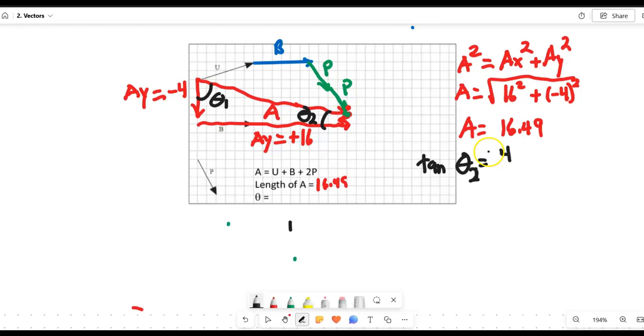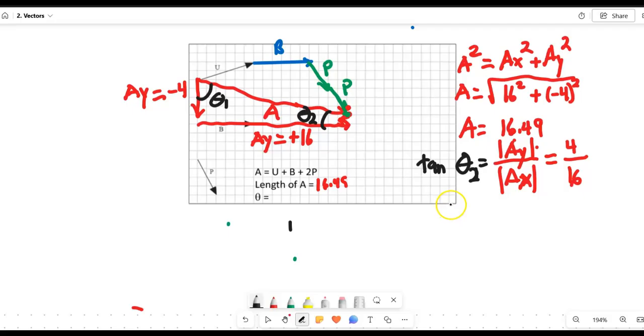So we want to take the absolute value of opposite over adjacent. Where the opposite in this case with theta 2, the side opposite that is 4, the adjacent side is 16. So this is going to be equal to -4, which is just 4 over 16.